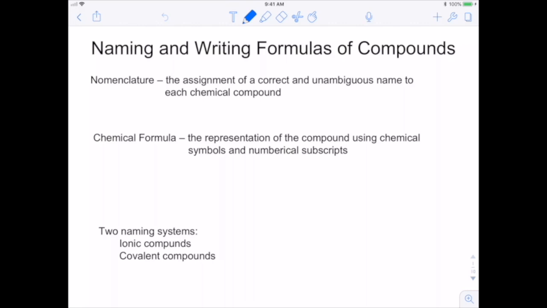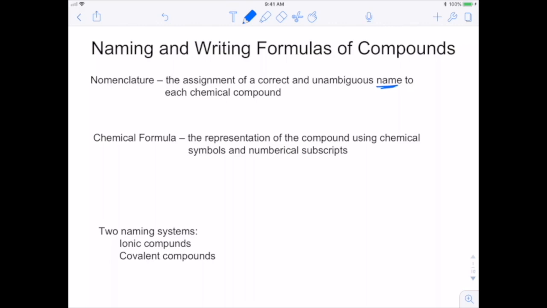Specifically, we're talking about nomenclature. That's what the naming and writing of formulas are. Well, it's the naming of the compounds. That's the nomenclature, which is the assignment of a correct and unambiguous name to each chemical compound. And with that, we also have a chemical formula, which is a representation of the compound using chemical symbols, like you see on the periodic table, and numerical subscripts.